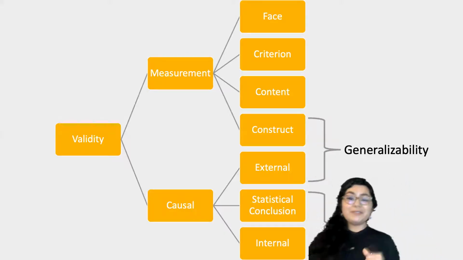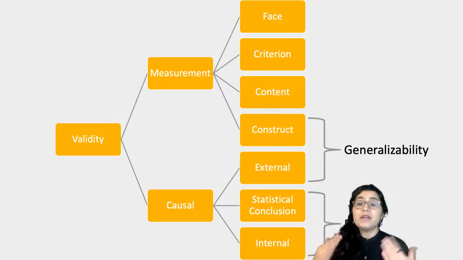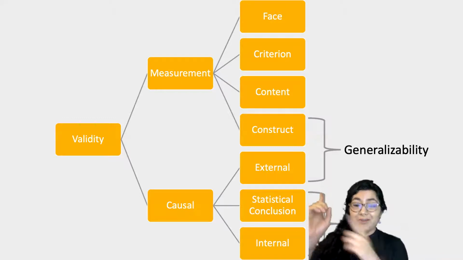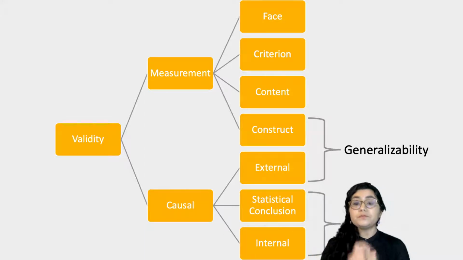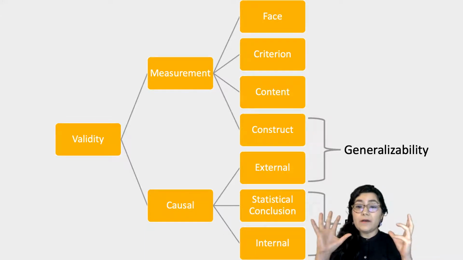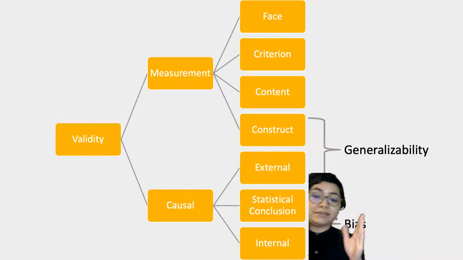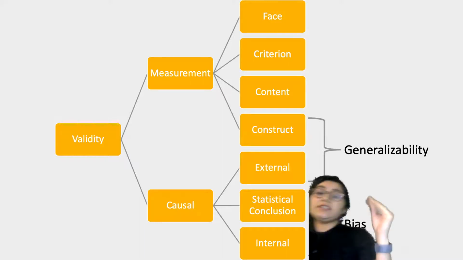So we went through all of the types of validity that occur in measurement. And now we're going to go through all of the types of validity that occur in causal spaces. And so you can see there's some overlap in generalizability with construct validity and external validity.